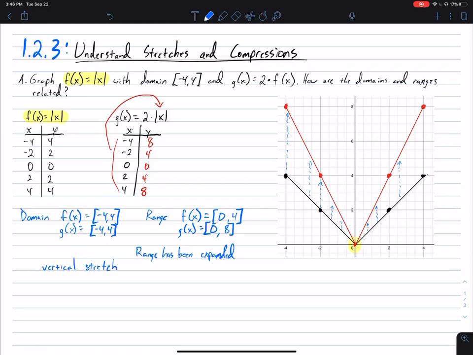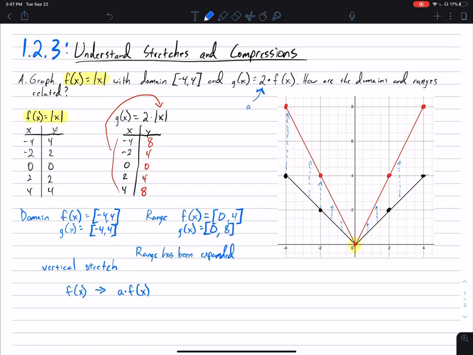Now, here's how we actually know this. Let's say we have our function, and then we're going to take that function and we're going to multiply it by a number. Let's call this number a. So we're going to do a times f of x, which in this specific problem, that 2 would be our a value.